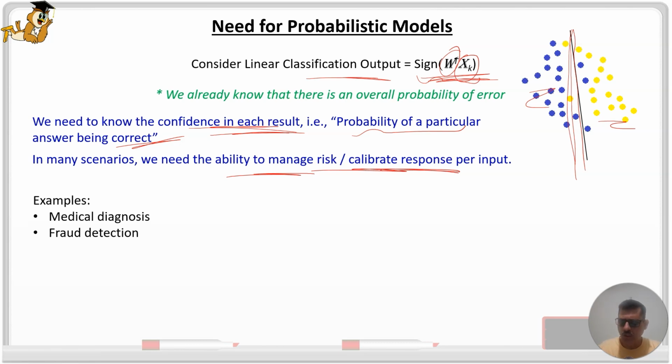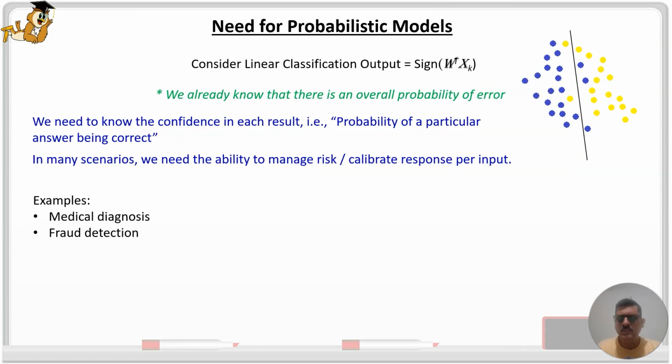Medical diagnosis, for example. Let us say you built a classifier to return whether a particular patient is healthy or whether he is ill, depending upon his numerous readings. Now, as a doctor, you would obviously be interested in knowing with what level of confidence the classifier is predicting the answer.